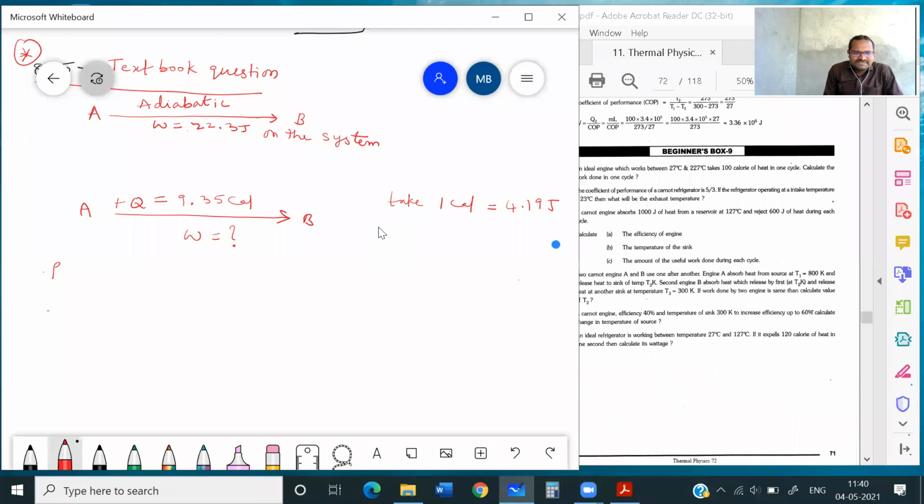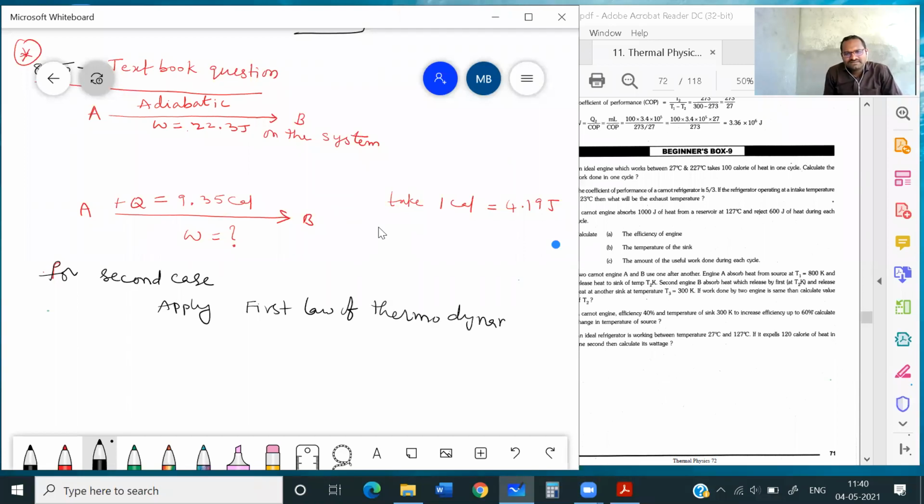For the second case, apply the first law of thermodynamics. What will we get, Nana? The first law of thermodynamics gives you what? dQ is equal to dU plus dW, correct?